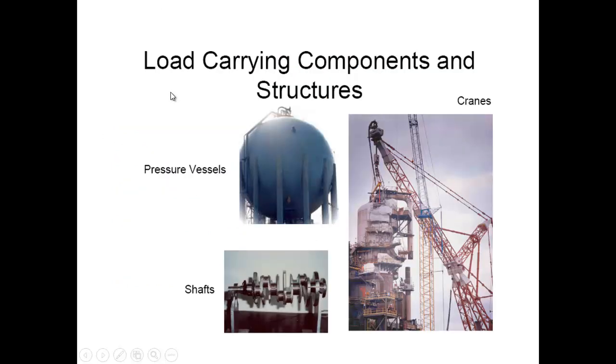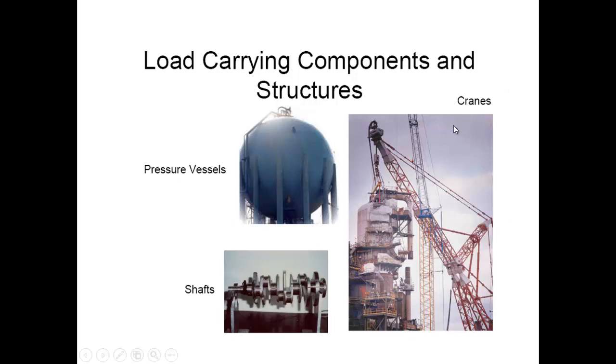So this is the example application in industry related to the load carrying component and structure. From here you can see a pressure vessel, with the load acting on the big sphere of the pressure vessel. You can see the shaft, which carries rotational movement that creates the applied load acting on the shaft.